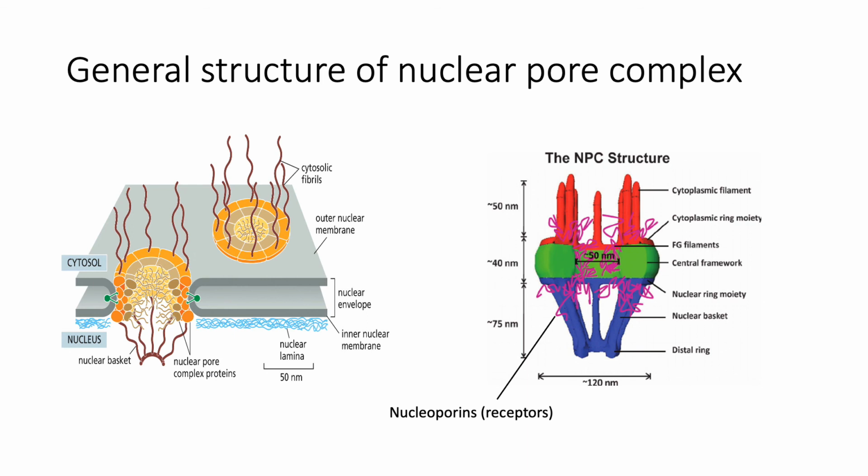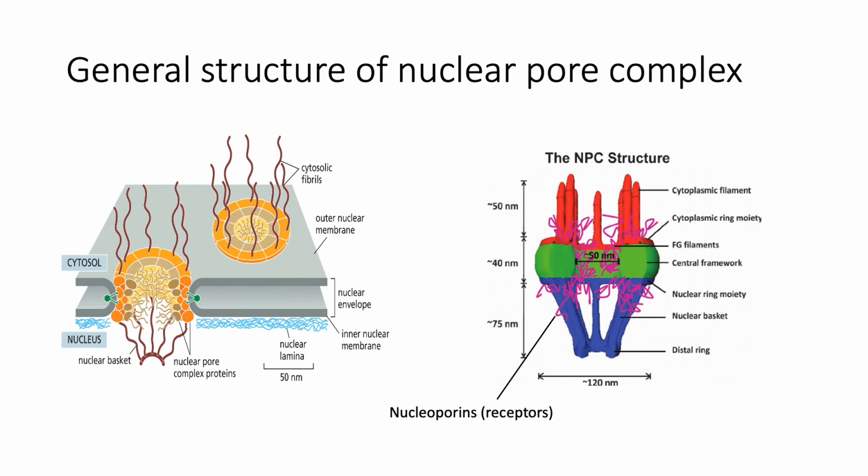On the cytoplasmic side, you have what are called cytosolic fibrils, or filaments, which reach out into the cytoplasm. Then you have the core complex, made up of all the proteins we saw in the previous slide, with a very uniform shape and subunits, as illustrated by the partitioning at the surface.